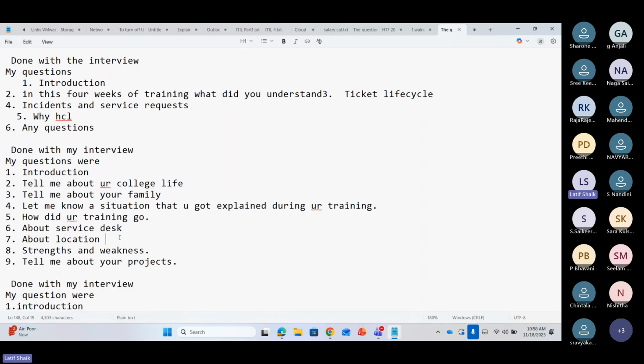Then you can tell that location, and you can also say that any other location is okay, I am comfortable. That is no problem. Don't say, if I get Bangalore only, then I will go, otherwise I don't go to any other location. Don't say these kinds of answers at the time of interview.